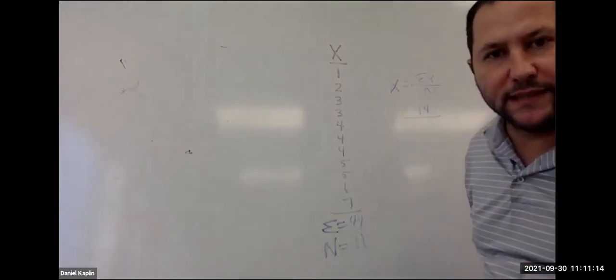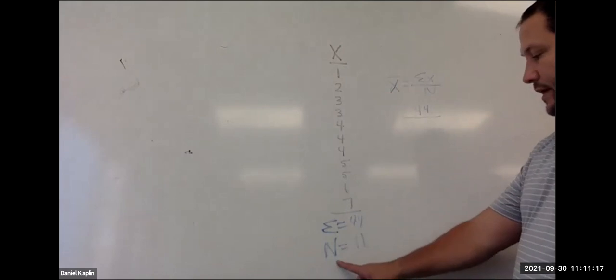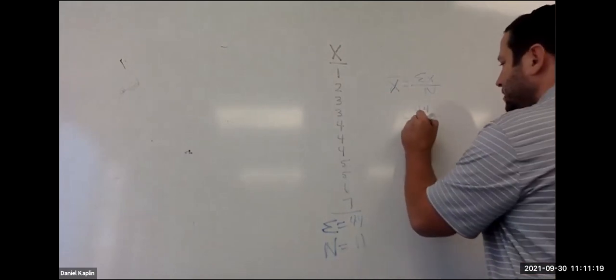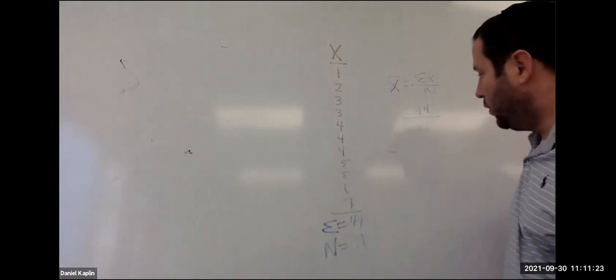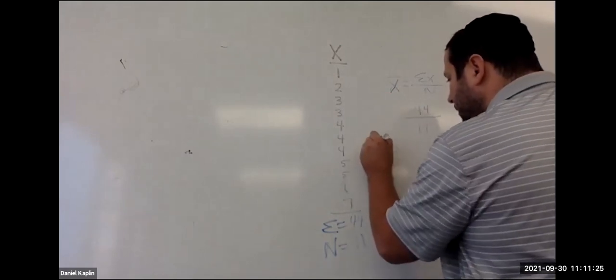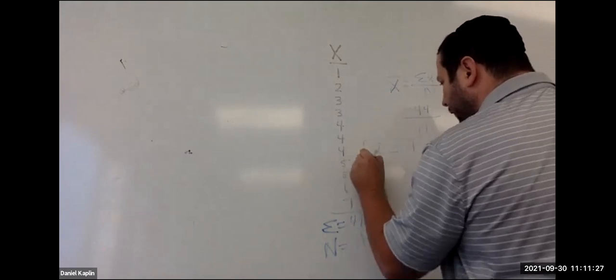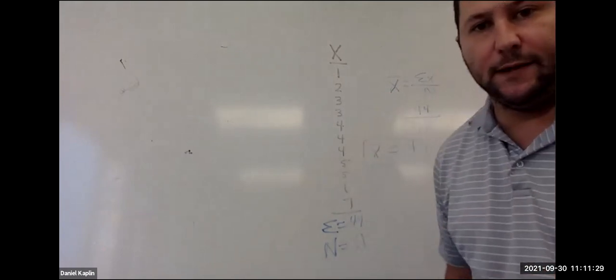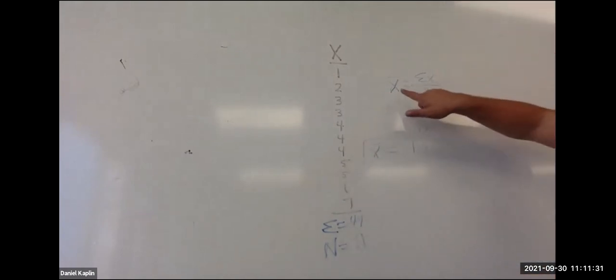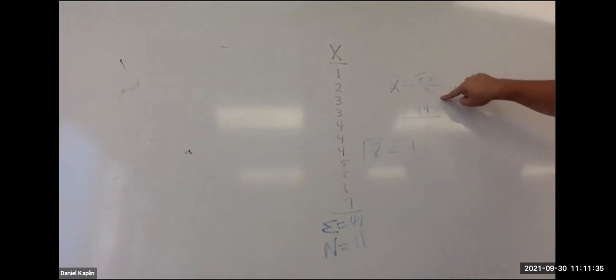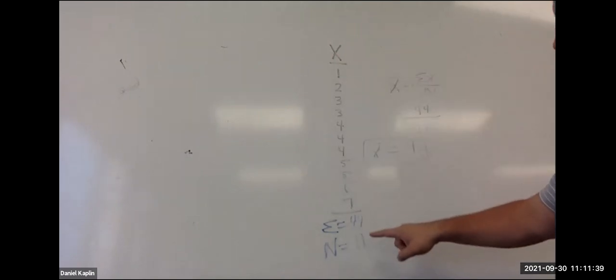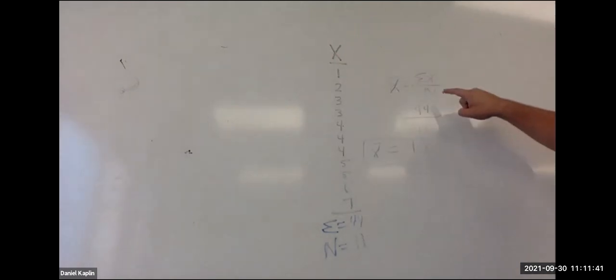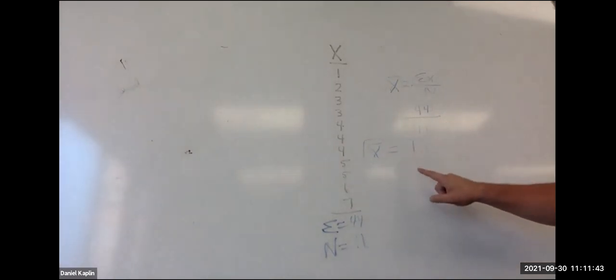And how many participants do we have? The n is 11. So 44 divided by 11 would give me a mean of 4. So that's my mean, right? So I should be able to do x bar is equal to the sum of x over n. The sum of x was 44. The number of participants, or n, was 11.